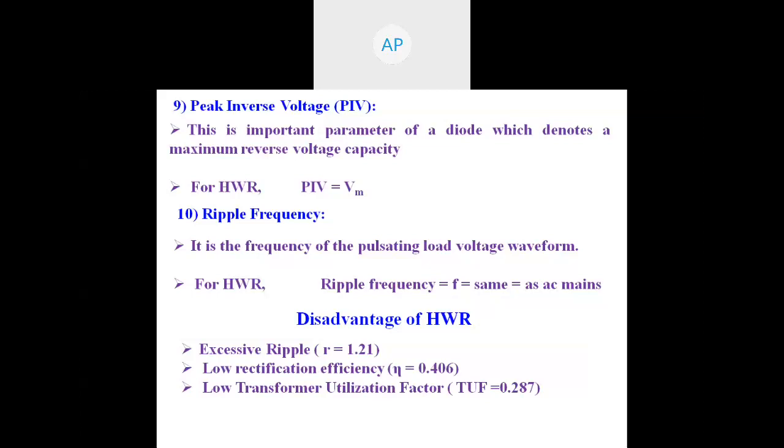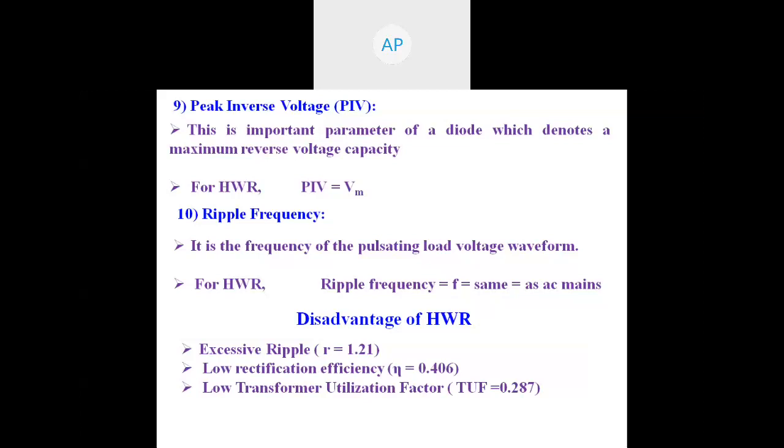For the negative half cycle of the transformer secondary input, the diode is reverse biased and no current flows. So current flows through the circuit only during the positive half cycle, not during the negative half cycle.